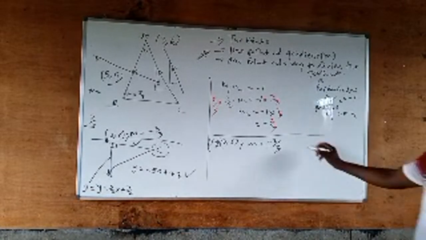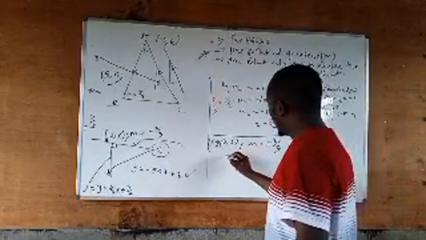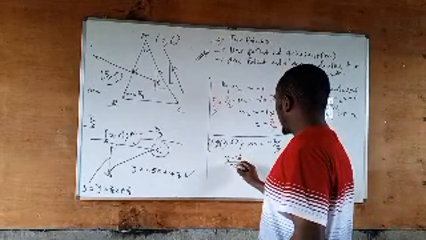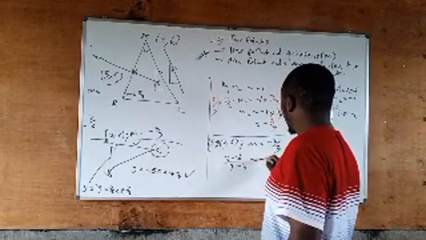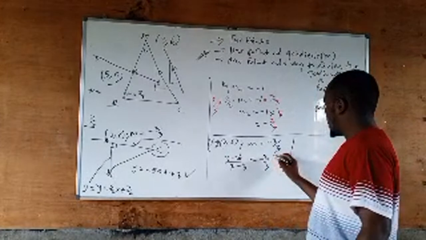So your answer, we have y minus 6 over x minus 3 equals to -2 over 3.